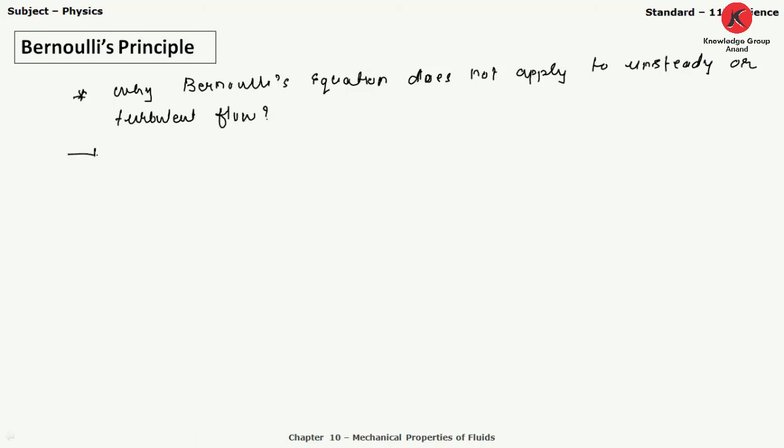The very simple answer to this question is, in case of unsteady flow or in case of turbulent flow, the velocity and pressure constantly change with time, right?